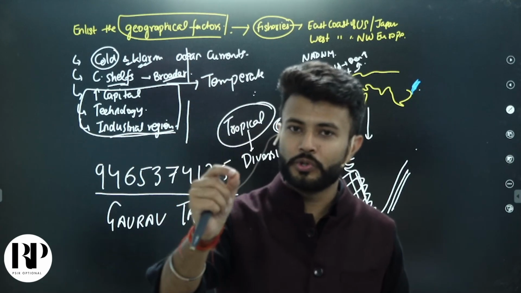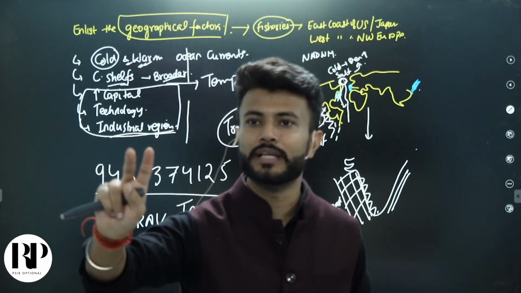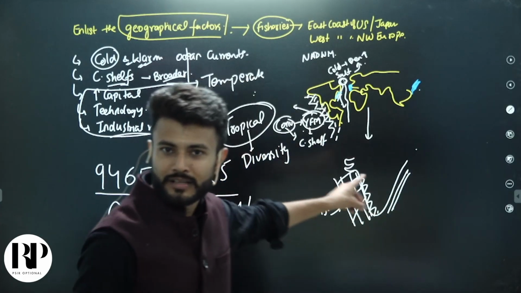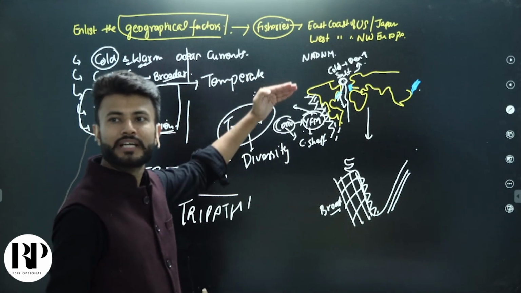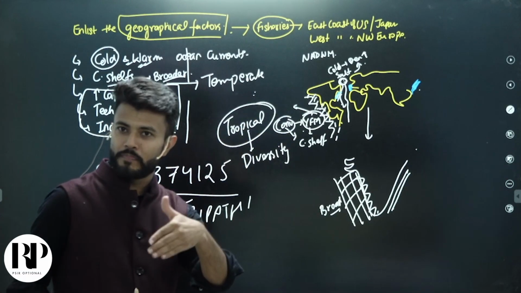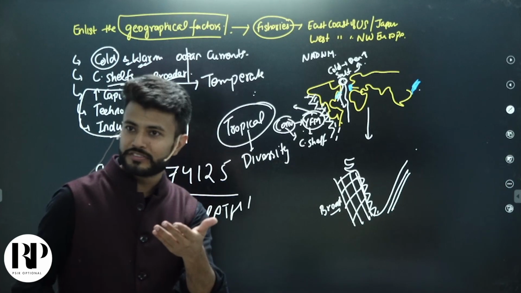If you want a specific type of wood, go to that region, you will have that wood only. Now this is the second point. When we discuss why the temperate countries are more developed and tropical countries are less developed, one factor we discussed is that tropical meteorology is so complex that they are highly vulnerable to disasters.